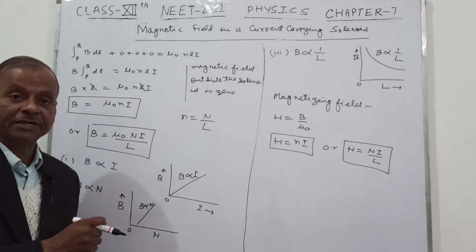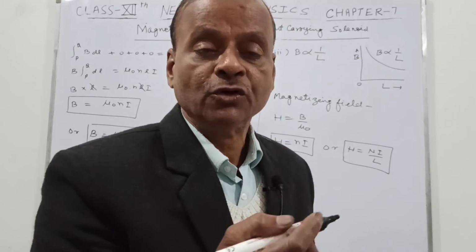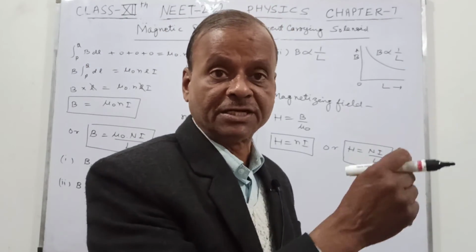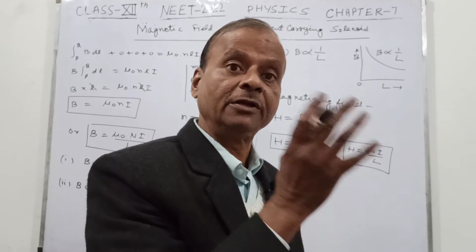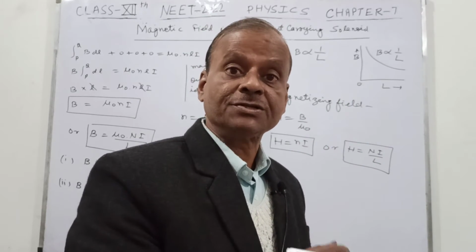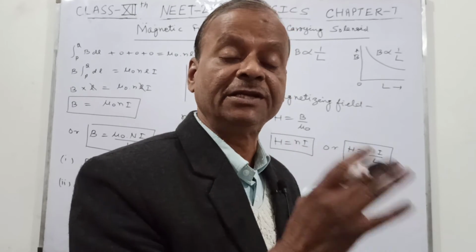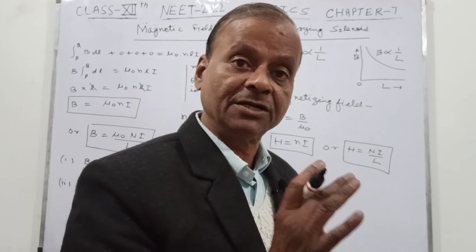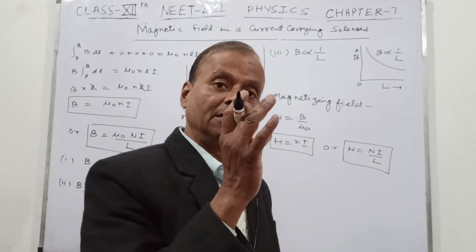And you can see from here that if there is something inside the coil, suppose we insert an iron rod, then what will happen? This magnetic field will increase. Since iron is a ferromagnetic material and it will magnetize immediately, magnetic field increases when some material is kept inside the solenoid.